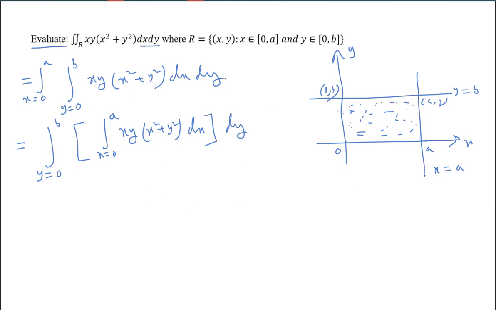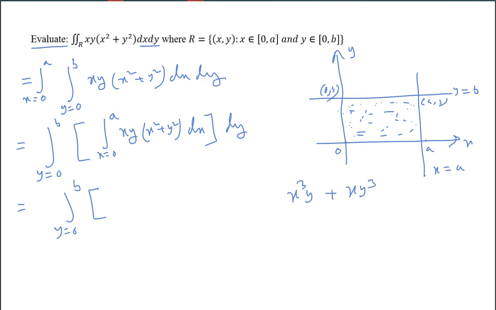So what will this integration be? Y from 0 to b, you integrate with respect to x. First, the integral gives x cubed y plus x y cubed.